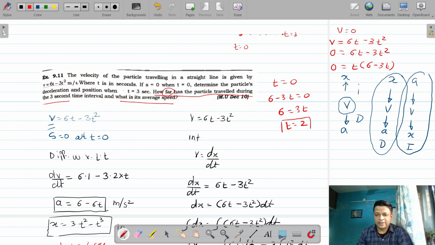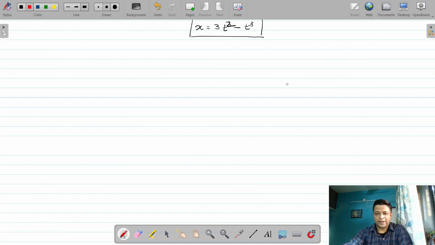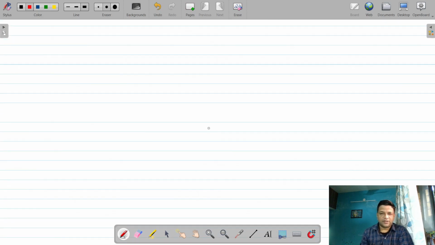So when t is equal to 0 and at t is equal to 2, its velocity becomes 0. So it has changed its velocity, or its velocity has become zero at these two stages. So we'll try to find out here. So this is our particle at t is equal to 0.